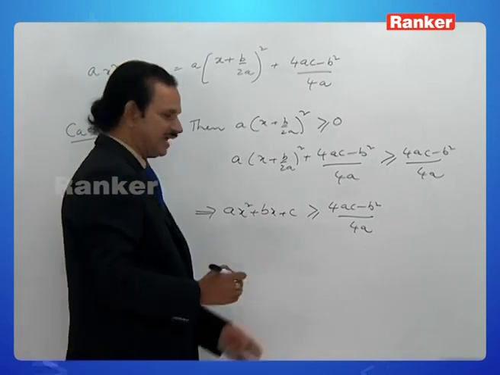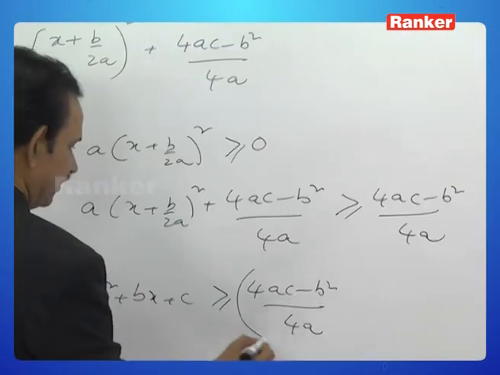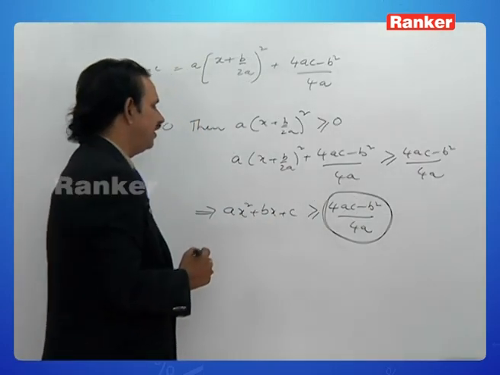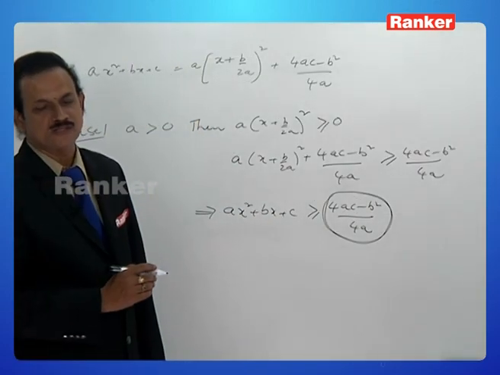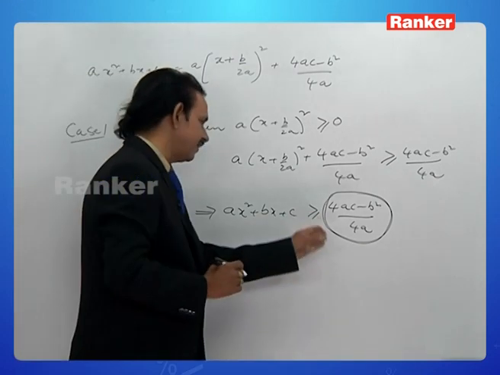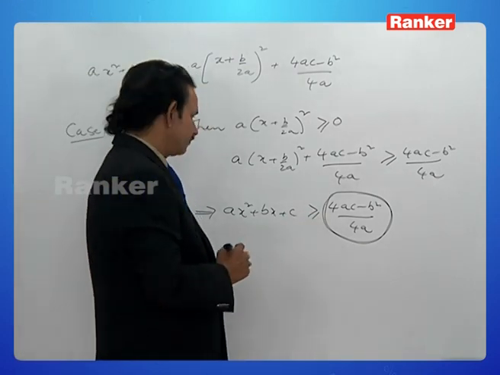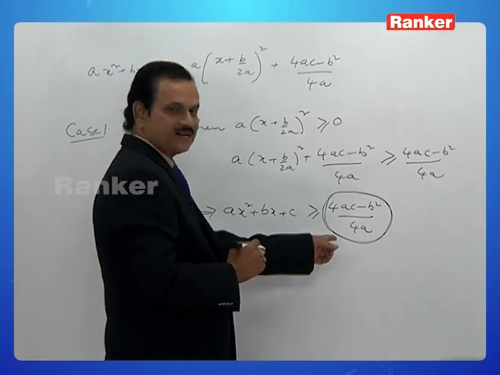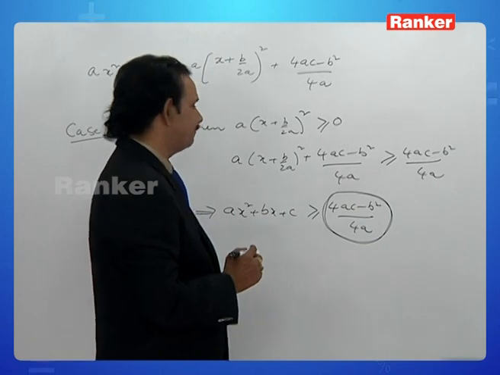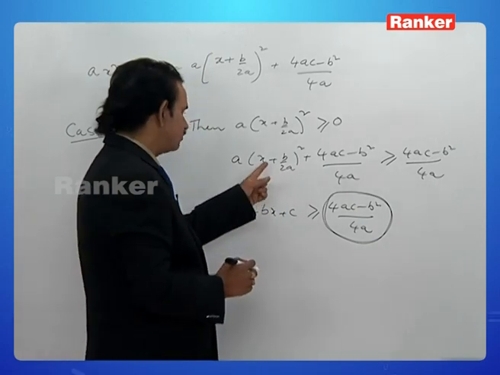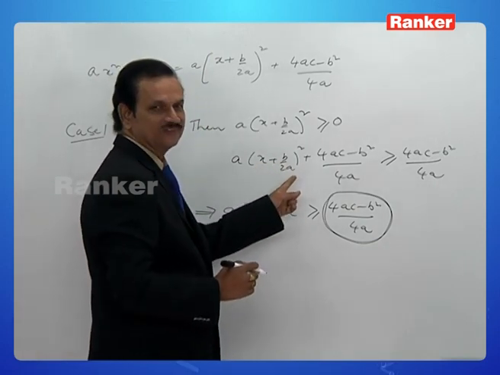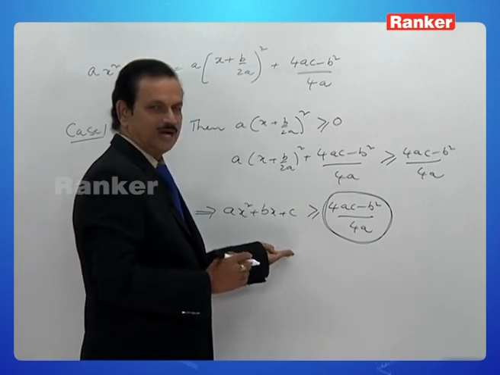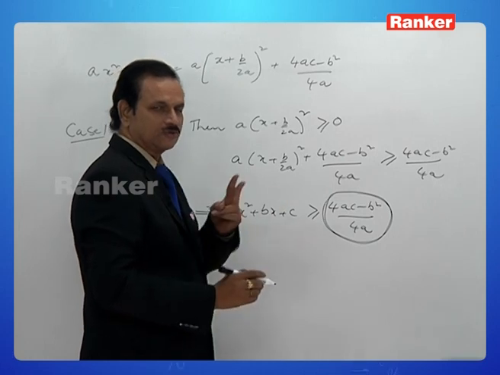It does mean that this particular number is nothing but the minimum value of the expression ax square plus bx plus c. This is always greater than or equal to. Well, let us see. When can this expression be exactly equal to (4ac minus b square) by 4a? In only one case, that is when x is equal to minus b by 2a. From this simple step, we are able to conclude two things.